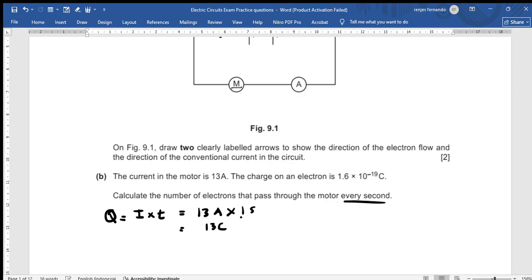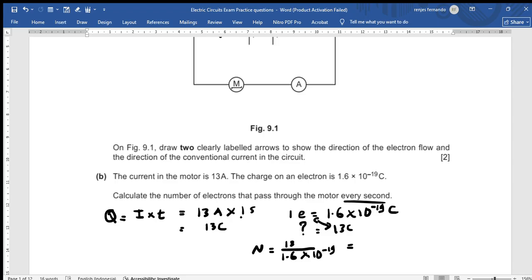If one electron has a charge of 1.6 times 10 to the minus 19 coulomb, how many electrons is 13 coulomb? So the number of electrons is 13 divided by 1.6 times 10 to the power of minus 19.